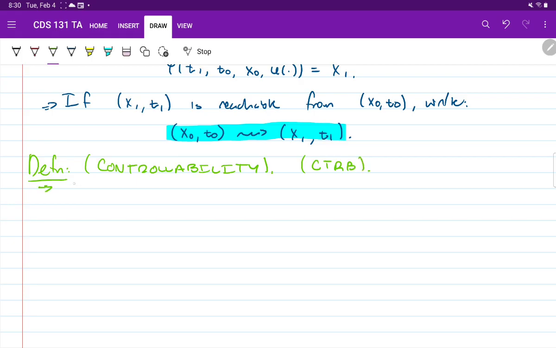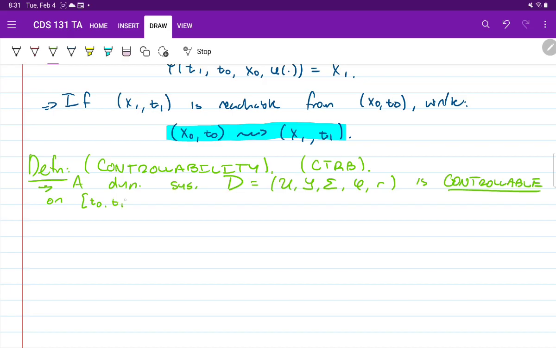So what I'll do is I'll say a dynamical system D equals (U, Y, sigma, phi, R) is controllable on an interval [t0, t1], which is a subset of T, if for all states x0, x1 in sigma, I'm able to reach (x1, t1) from (x0, t0).